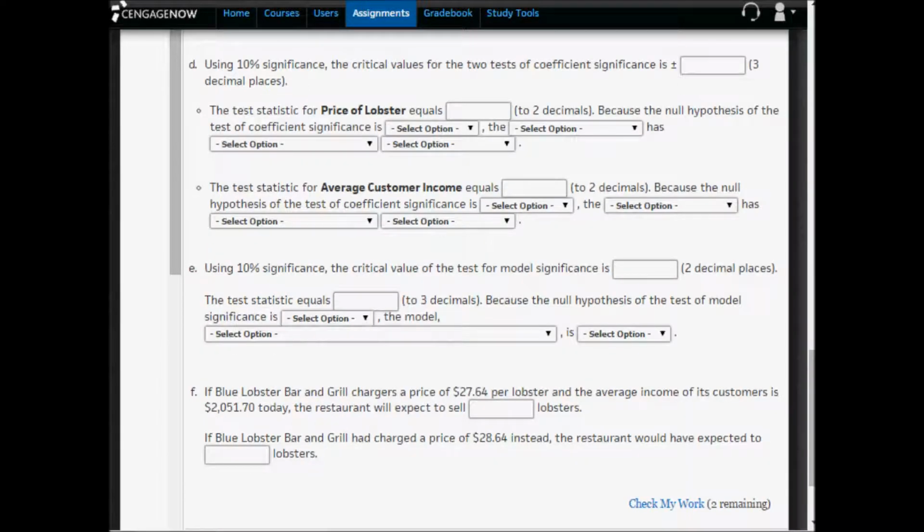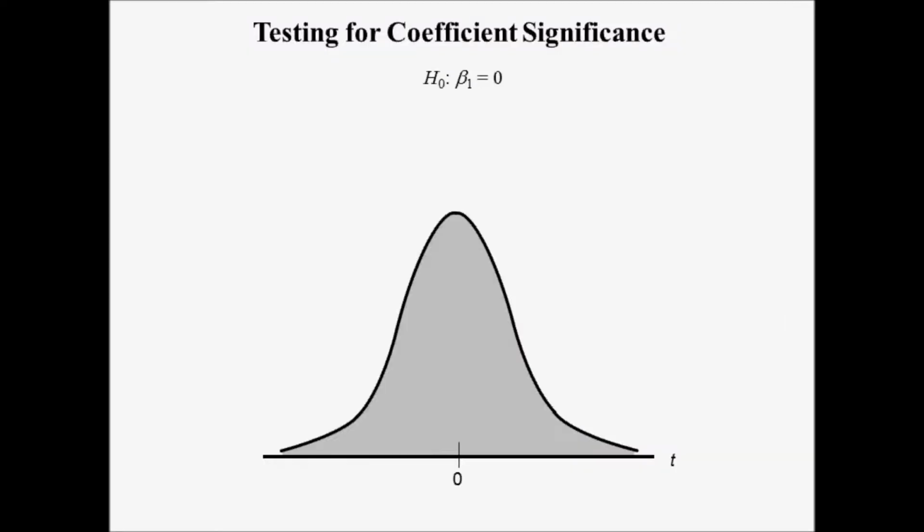In part D, we're going to perform 2 tests of coefficient significance. One for lobster price and one for customer income. The first one's for the price of lobster. The test for coefficient significance involves using the null hypothesis, beta 1 equals 0.